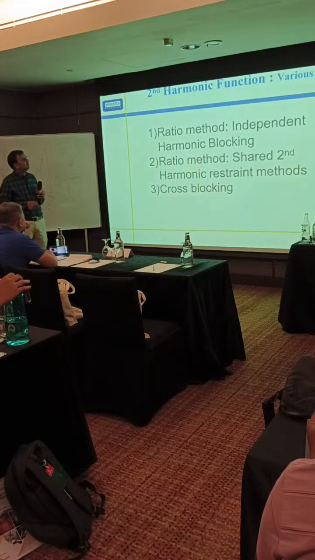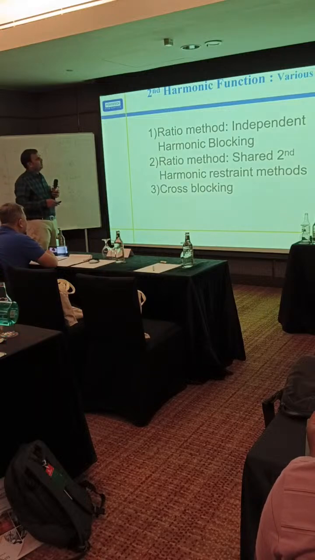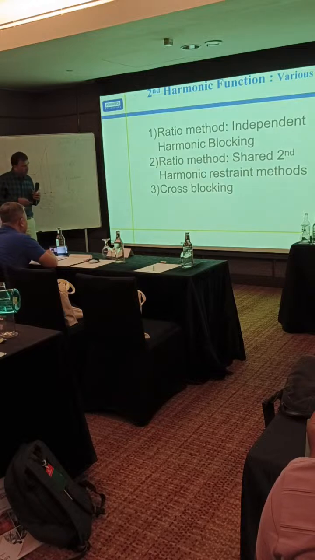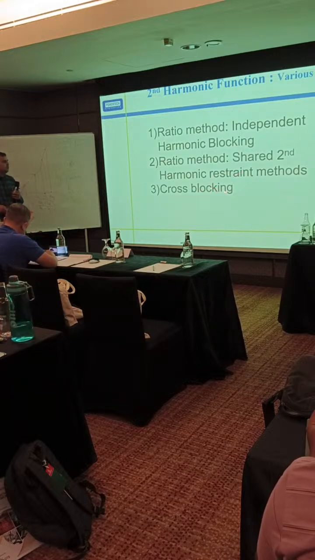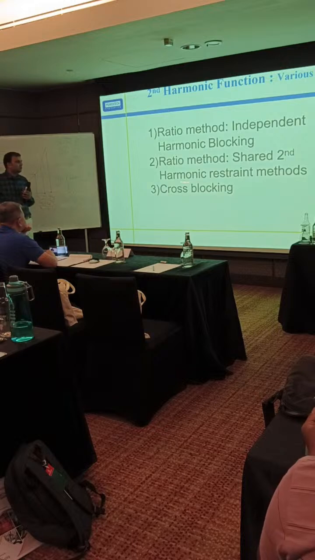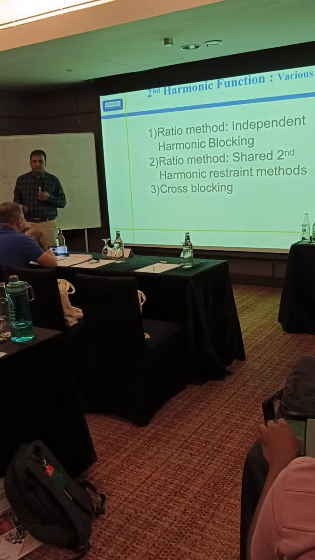Let us do some methods. There are different methods of detecting, and there are these features also in the relays. So one of them is a cross blocking feature. Some people enable it, some do not enable it.